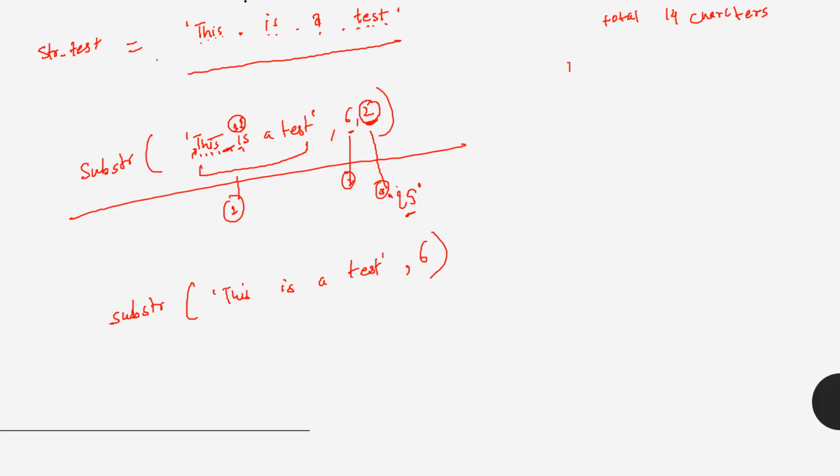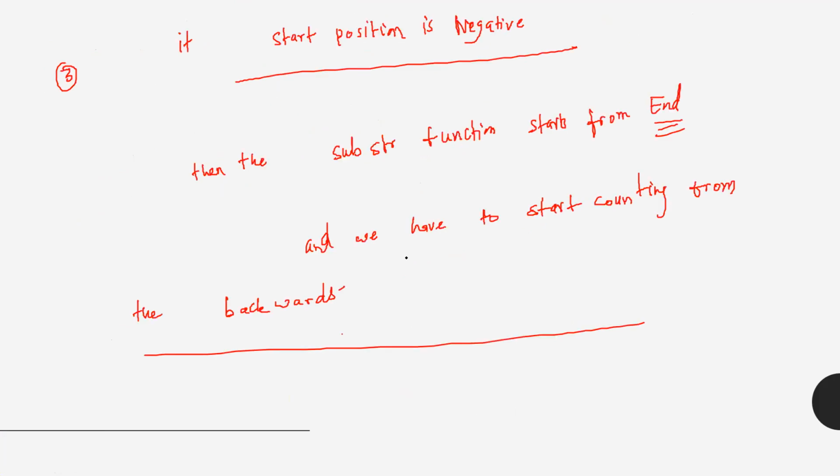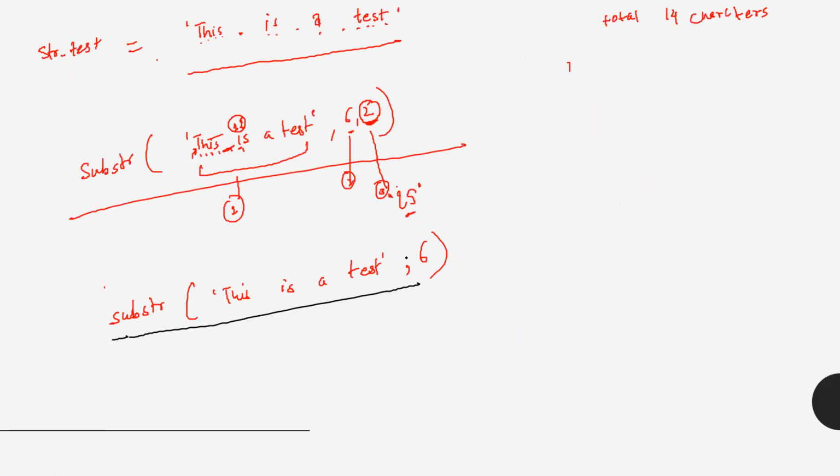Great. So now tell me the solution to this second problem. This is a test for you, Bilal. What would be the result? Now look at the second point. If the start position is a positive number, then the substr function starts from the beginning of the string. So what would be the starting point?